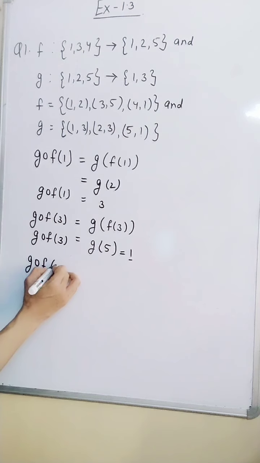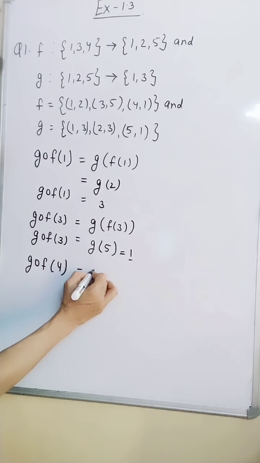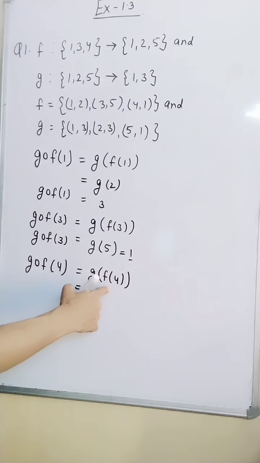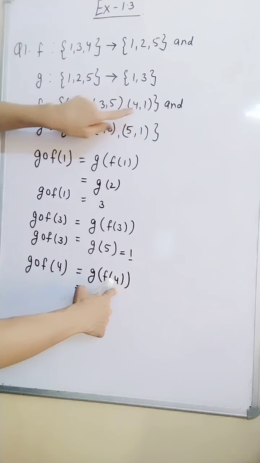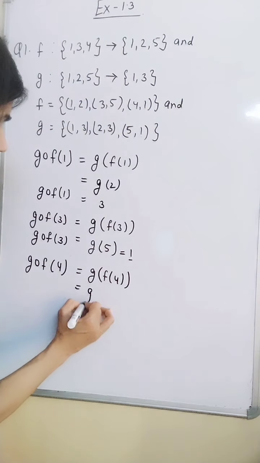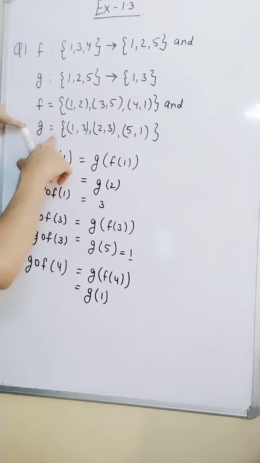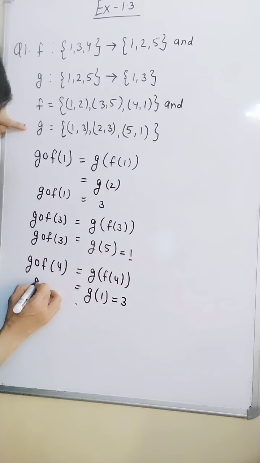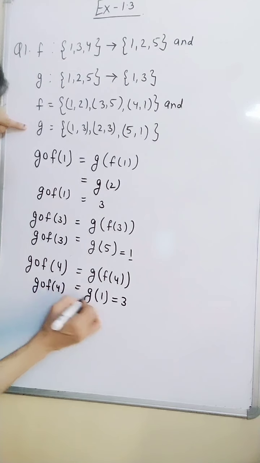Now g o f of 4. So g(f(4)). What is the image of f(4)? 1. What is the value of g(1)? 3. It means g o f of 4 is 3.